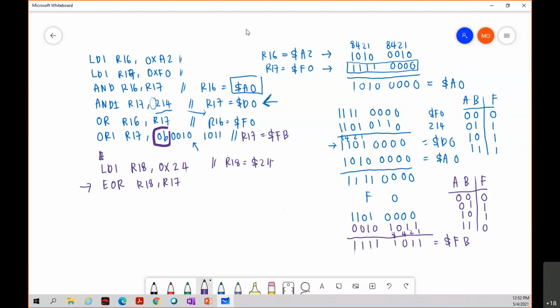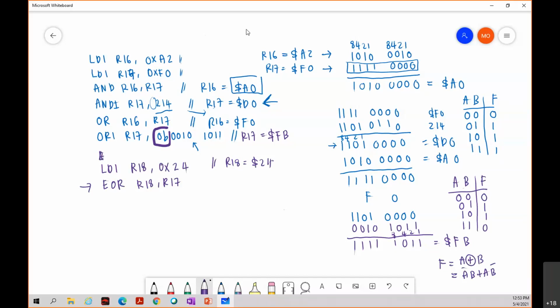If you don't remember the truth table, you can simply write the expression of exclusive OR, which is A exclusive OR B, equivalent to A bar B plus A B bar. Then you put the values inside and you can come out with the output.